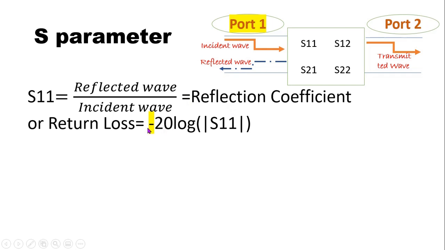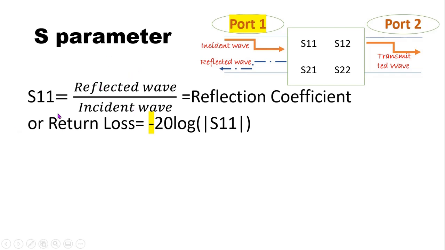And why is there this minus sign here? See, we need return loss as a positive parameter. Perfect. But S11, you see here, the reflected wave will always be less than the incident wave in a practical scenario, or if it is forced, then the reflected wave will be equal to the incident wave.